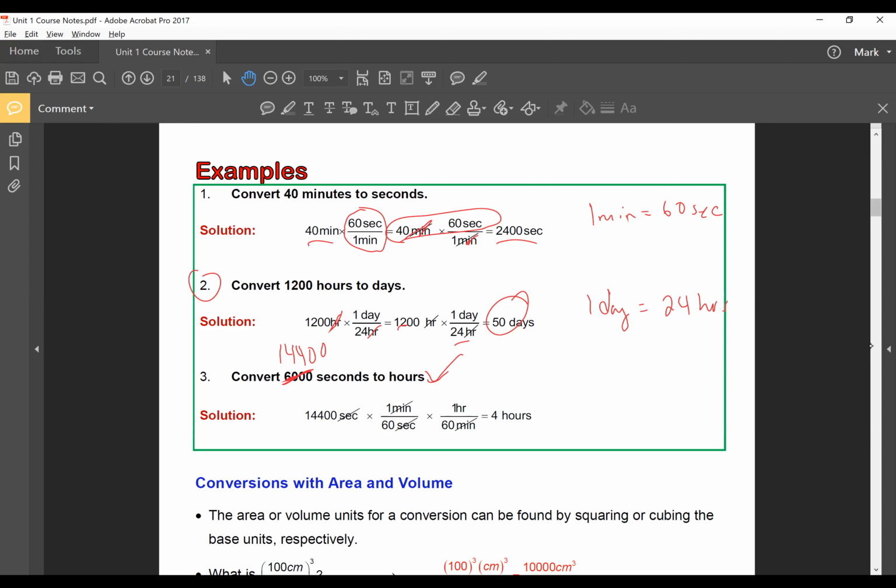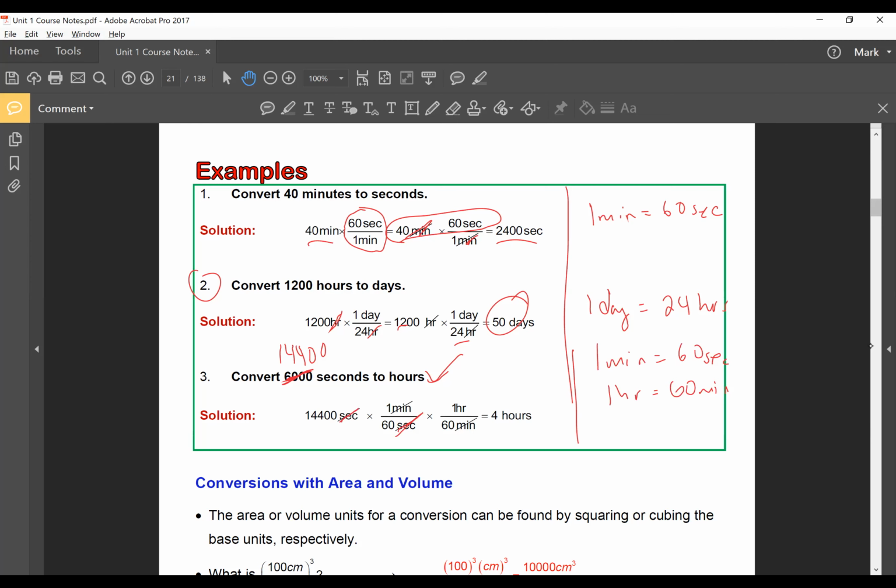So I need to do 2 conversions. I'm just going to make a little note here: 1 minute equals 60 seconds, and 1 hour equals 60 minutes. So these are the fractions I'm going to use. I multiply them and make sure my units cancel.